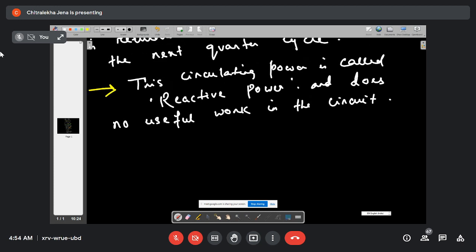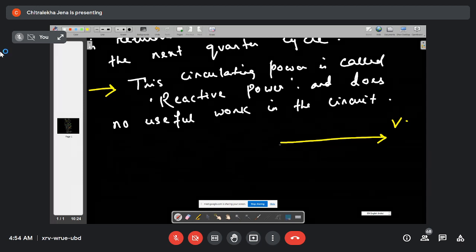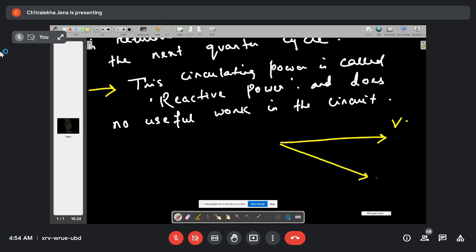So here we have a voltage waveform like this. Written? Okay, very good. Suppose I take the current lagging the voltage, or the voltage leading the current by an angle of theta. I can resolve the current vector into two components.